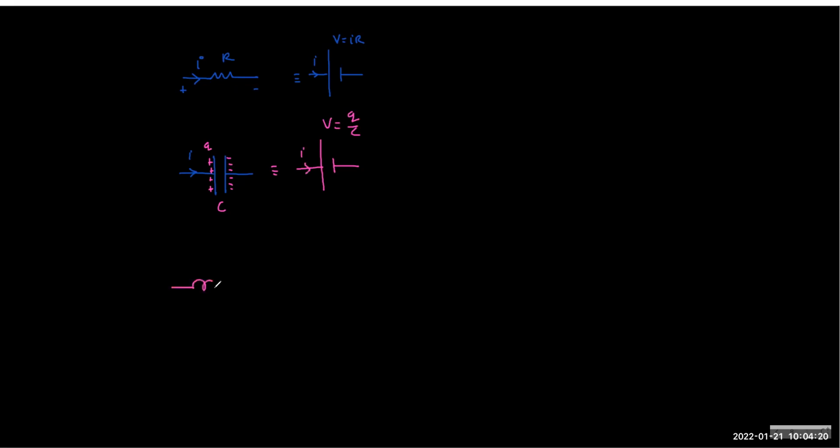If we have an inductor, it's more complex actually. Those who don't know electromagnetic induction properly, for them also, to understand this concept very carefully, the battery of the inductor does not only depend on the current direction, it depends on whether current is increasing or decreasing.